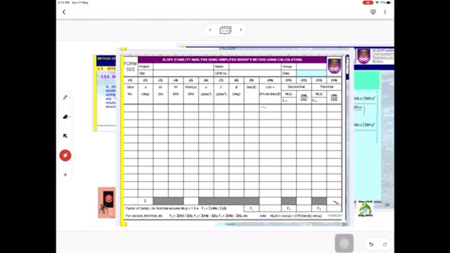If you manage to get a factor of safety which is the same as the previous one, you can stop. If not, you have to continue with another trial. It can be up to 8 trials.